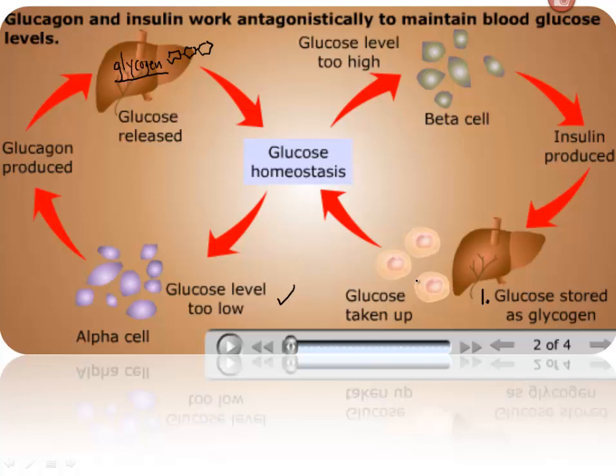So diabetic people actually have some kind of malfunction here with the beta cells. The body is attacking its own beta cells, and so you can't produce insulin. My grandma is diabetic, and she still gives herself daily injections, or actually my uncle helps to give her daily injections of insulin to help her regulate her glucose level.